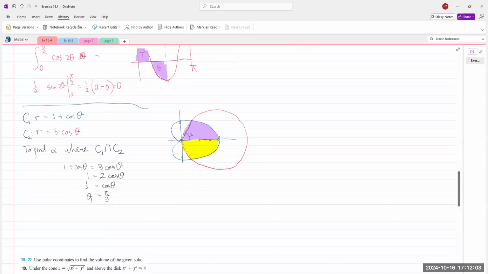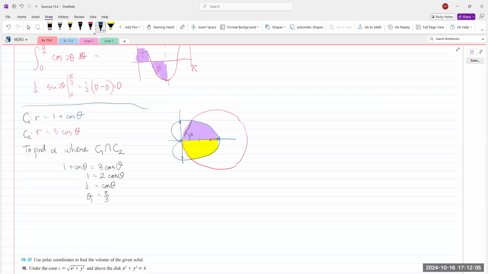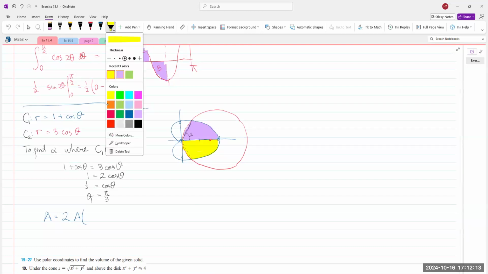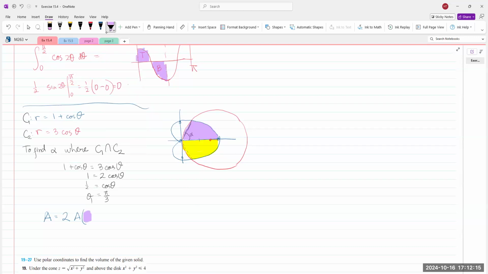Okay, the area equals 2 times the area in the first quadrant. That area in the first quadrant will be broken into 2 parts: the first double integral plus the second double integral.